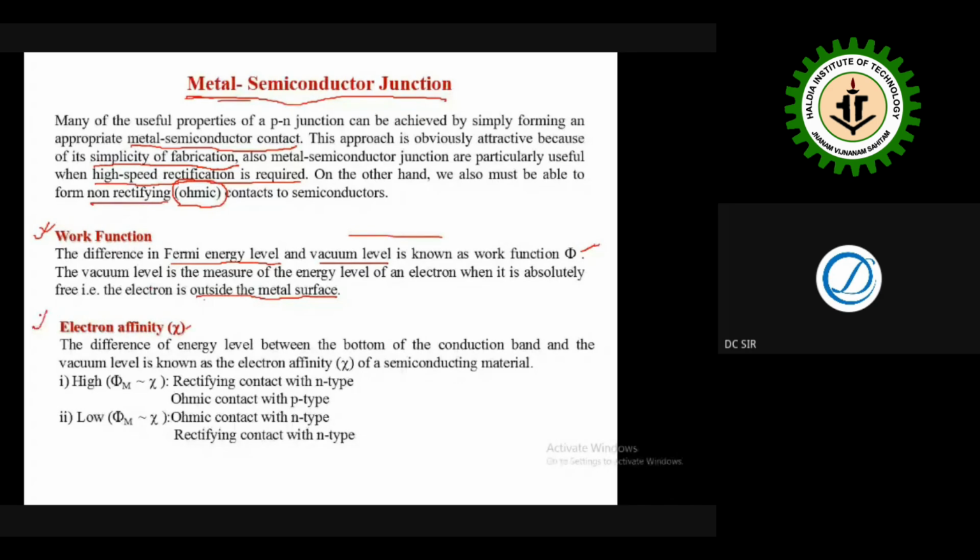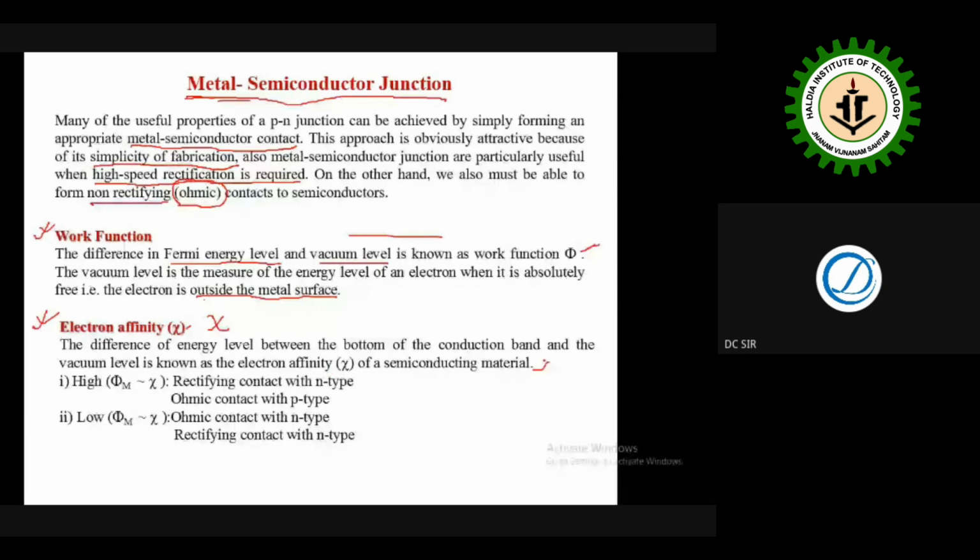Next point, electron affinity, which is denoted by this sign, chi. What is the electron affinity? The difference of energy level between the bottom of the conduction band and the vacuum level is known as the electron affinity of a semiconducting material.